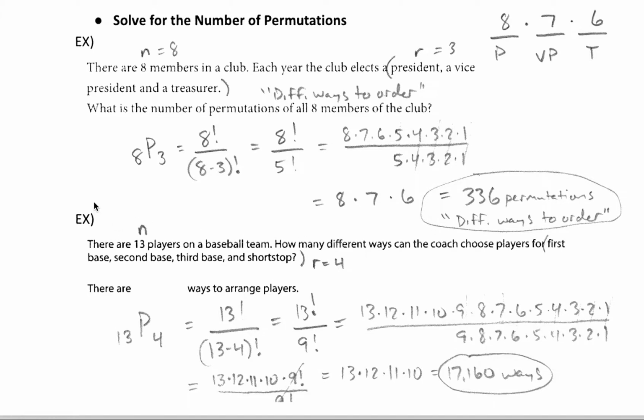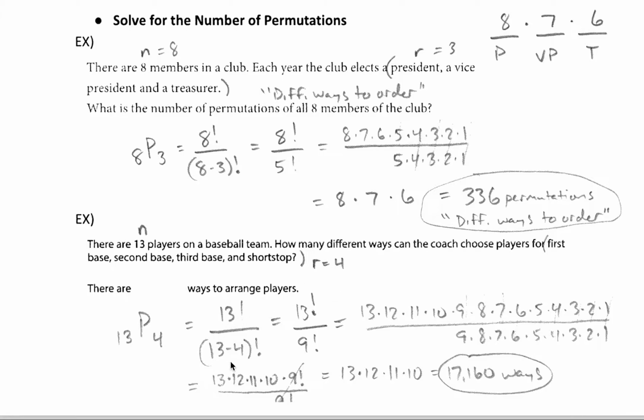One more example here. Very similar. We got 13 people on our team, or in our group this time, and we're going to try and put them into 4 different positions: the first base, second base, third base, and shortstop position. So if we're trying to choose 4 at a time from a total of 13 people, then we have what we need to set up our formula: our total factorial over the difference in our total minus the number of ways in which we're putting them.